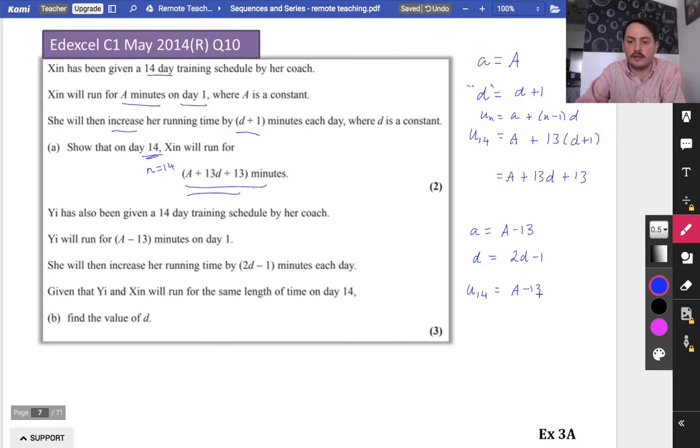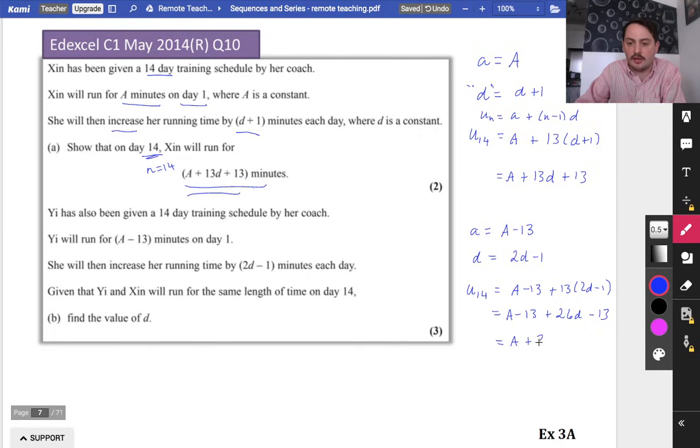Okay, so I should find out how much Yi is going to run on the 14th day, which would be A minus 13, which is the A part here, plus N minus 1. Now, N minus 1 is going to be 13, so that's plus 13 lots of 2D minus 1. So just simplifying this, we get A minus 13 plus 26D minus 13.